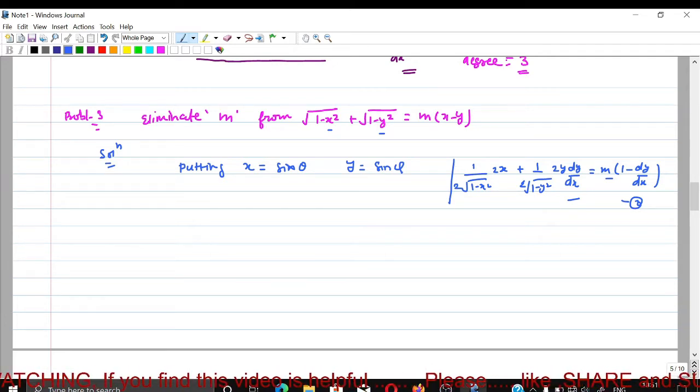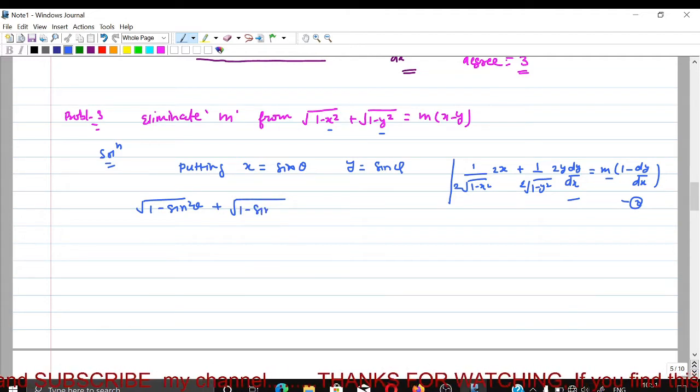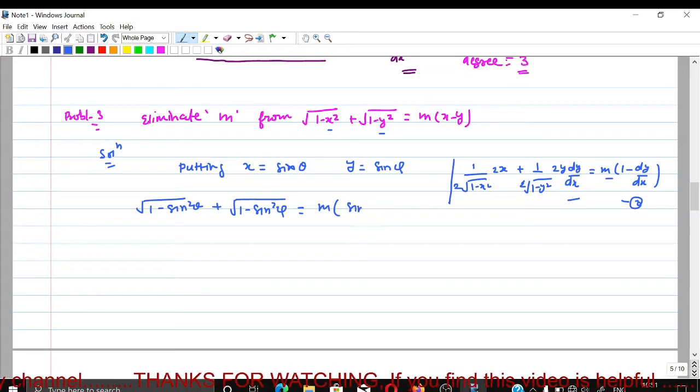So I am putting x equal to sine theta. After putting, you will get 1 minus sine square theta plus 1 minus sine square phi equal to m(sine theta plus sine phi).